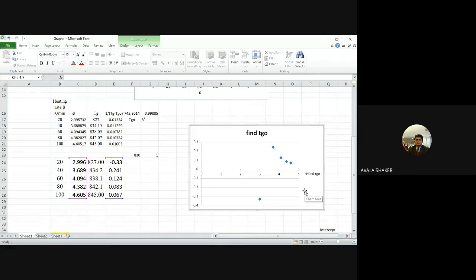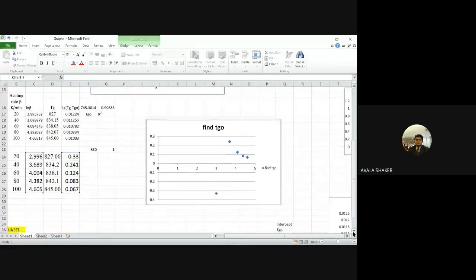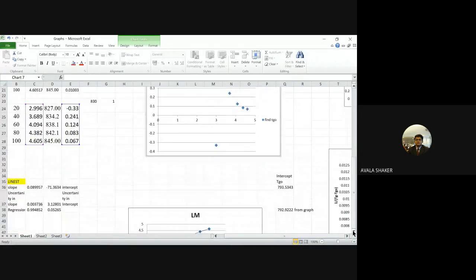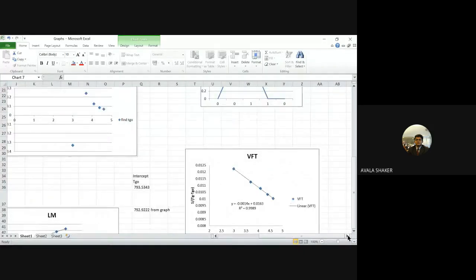Okay. So this is a graph which we are getting. Let's see. This is the graph.